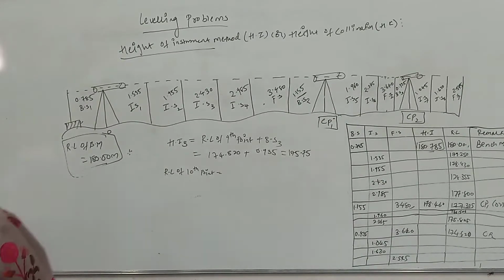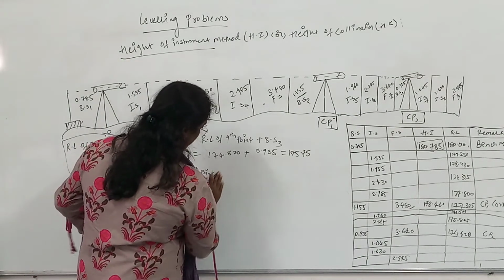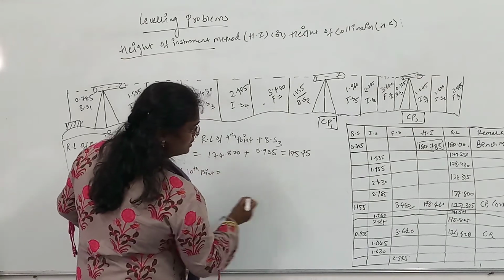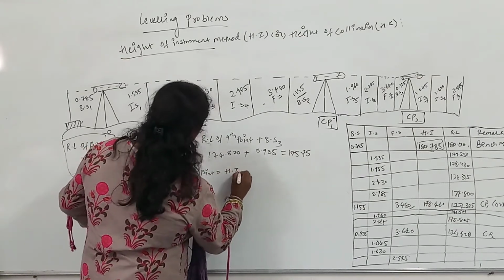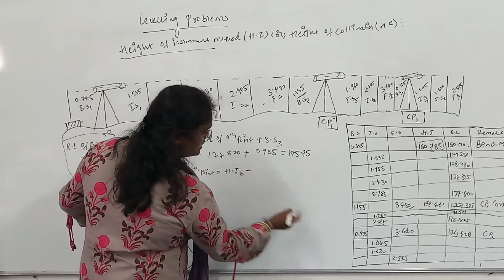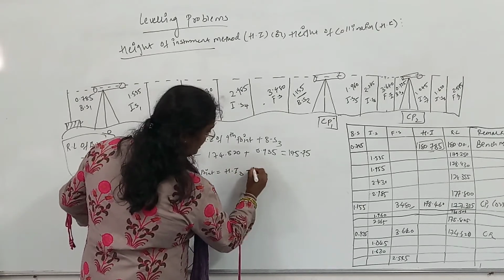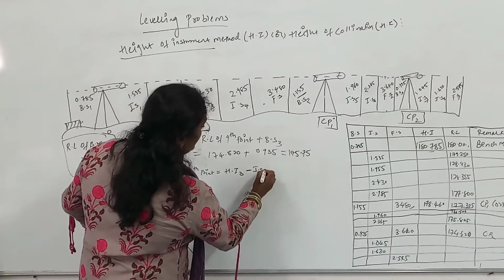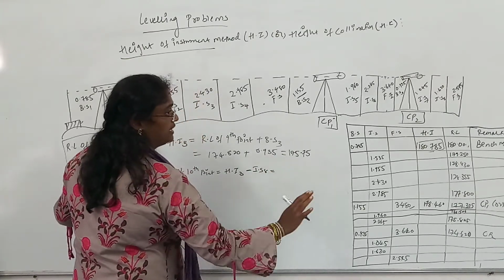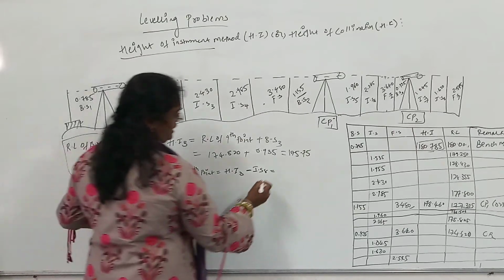Right, RL of the 10th point. RL of the 10th point is height of instrument 3 minus intermediate sight 8.